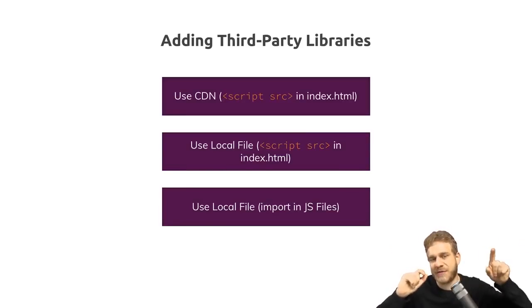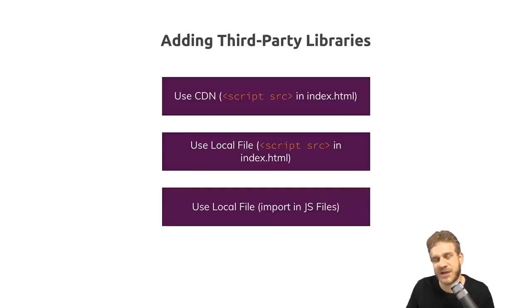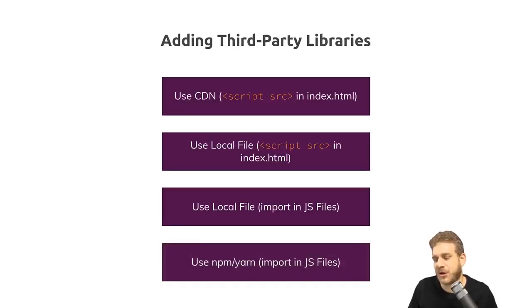You're importing JavaScript files from other files all the time. You're constantly writing import statements. And of course, you can import any third-party library into your React JavaScript file as well. And you can start using the features of that library just like that. That should work fine. And of course, you can also use npm and yarn for that.